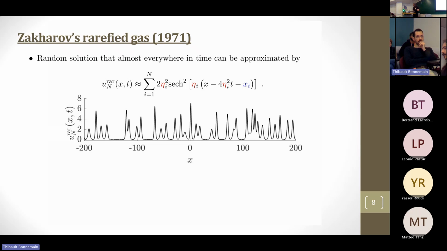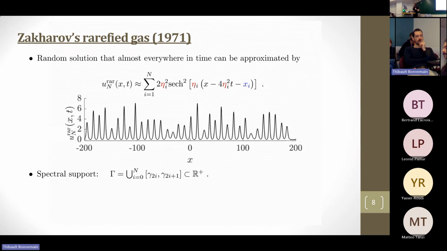Let me first start by introducing the spectral support Γ, which is a collection of bands. Again, as I said earlier, the solution of KdV can be associated with a particular n-band spectrum of the Lax operator.